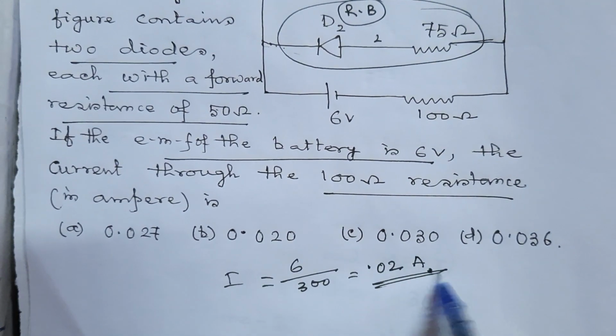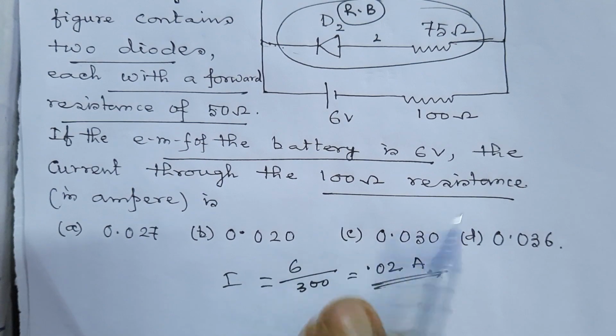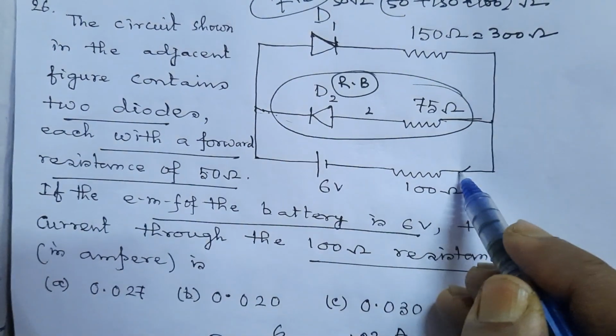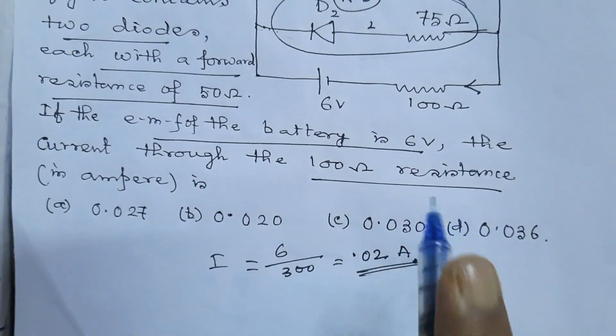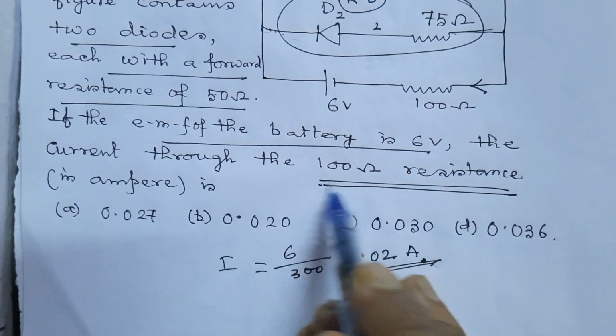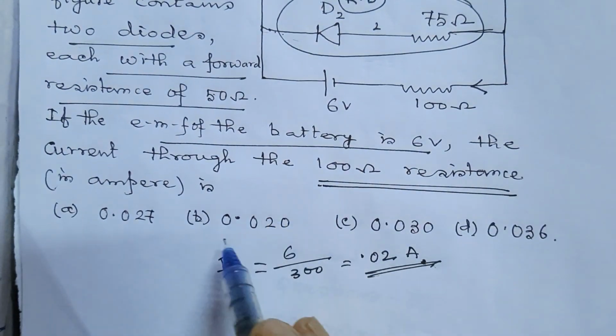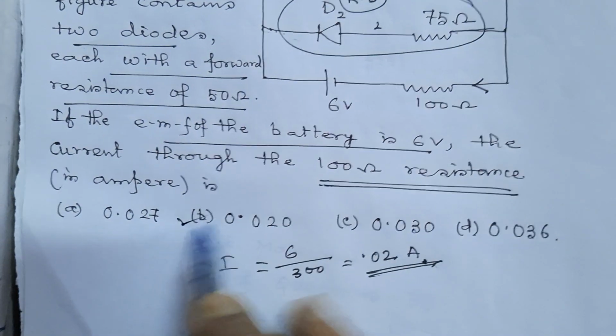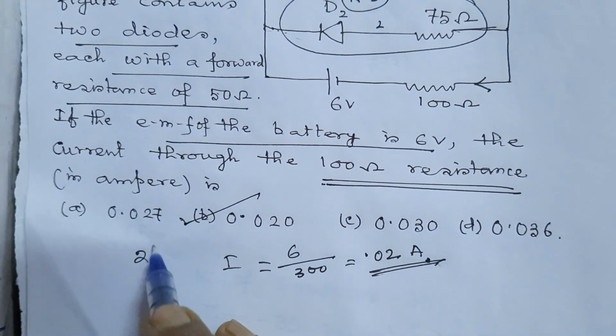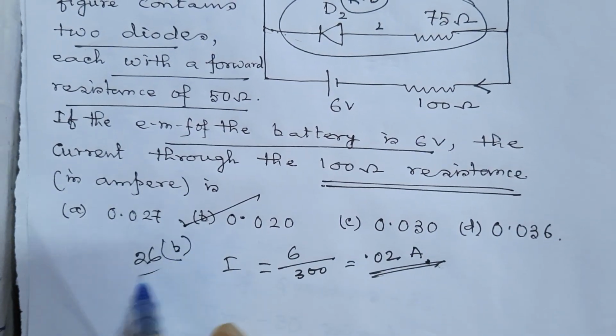So in ampere unit, current should be 0.02 ampere and it will flow through the 100 ohm resistance. So our answer for the current through the 100 ohm resistor is 0.02 ampere. So the correct answer of question number 26 is B.